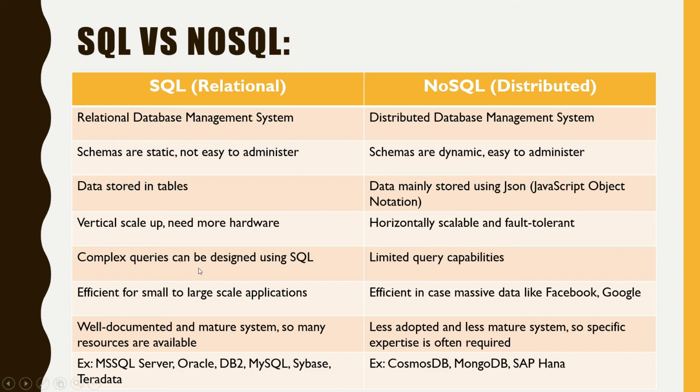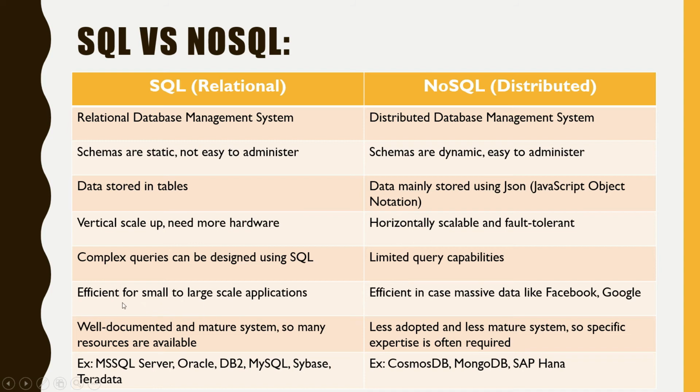Complex queries can be designed using SQL, whereas there is very limited query capabilities in NoSQL. SQL is well established and developed language, so complex queries can easily be written in SQL, whereas NoSQL is a new query language, so there is limited query capabilities in NoSQL. SQL is efficient for small to large scale applications.